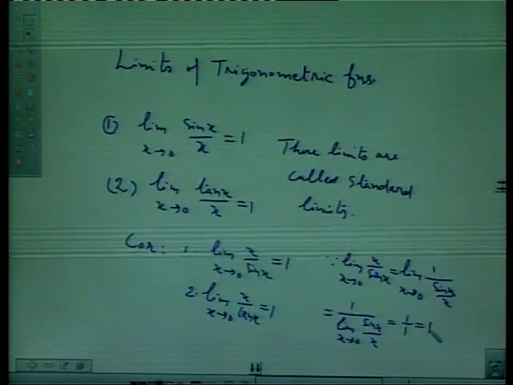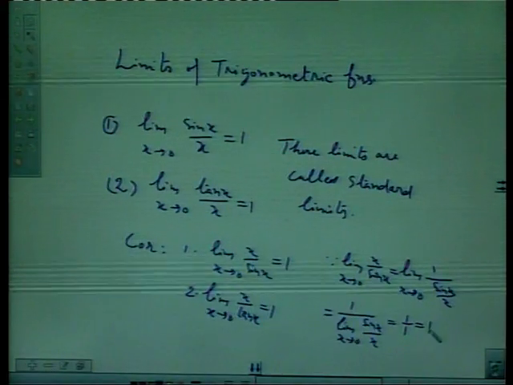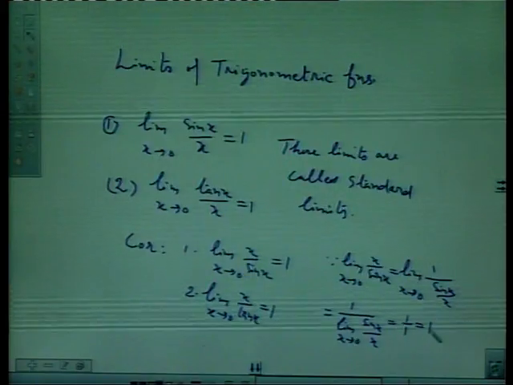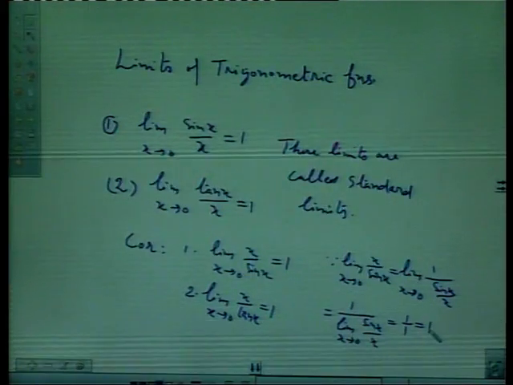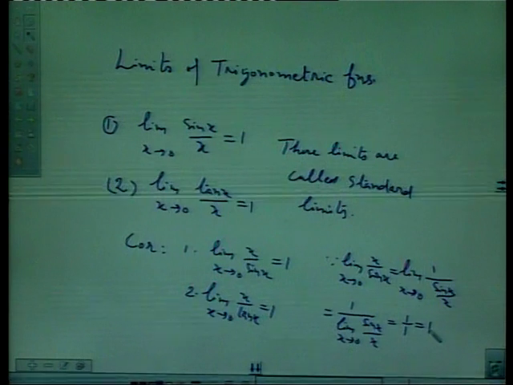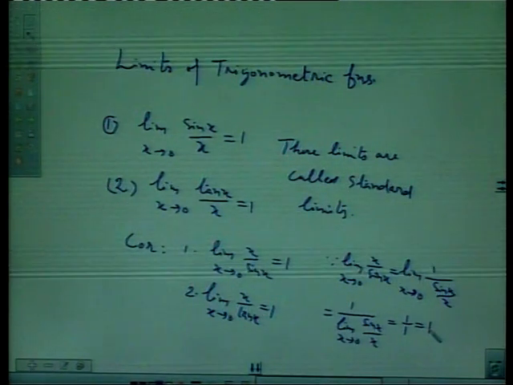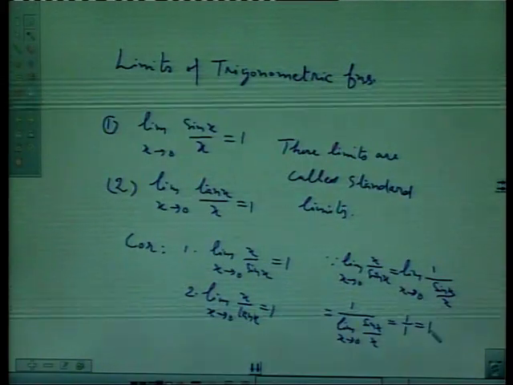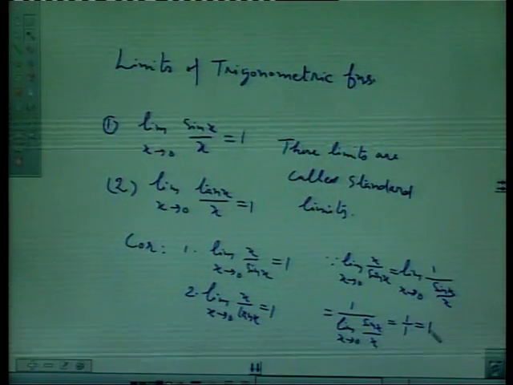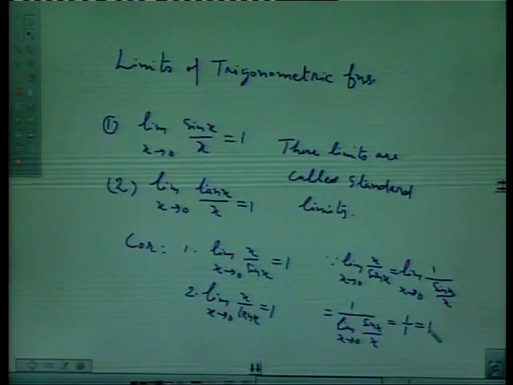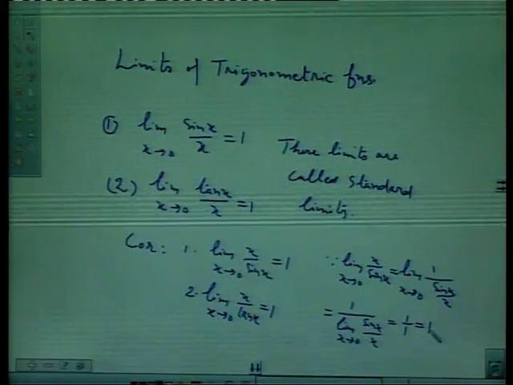So we have only these two standard limits, sin x upon x and tan x upon x, which we have to use to solve different questions related with limits of trigonometric functions.